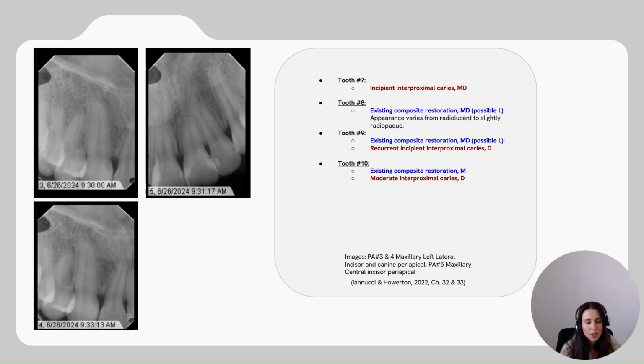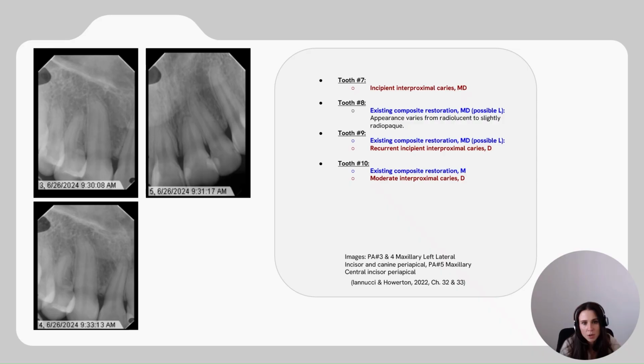For tooth number 7, there is incipient interproximal caries on the mesial and distal. On tooth number 8, there is existing composite restoration on the mesial, distal, and possibly the lingual. The appearance on that one varies from radiolucent to slightly radiopaque.